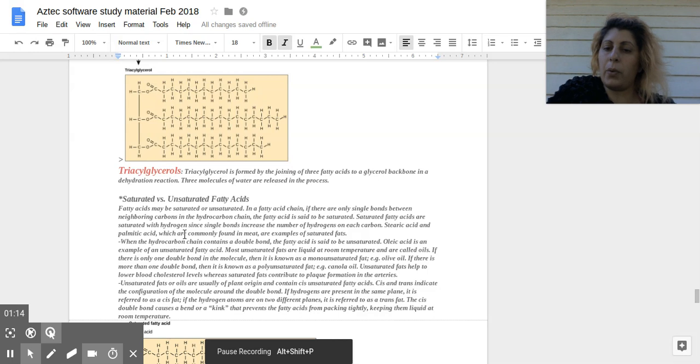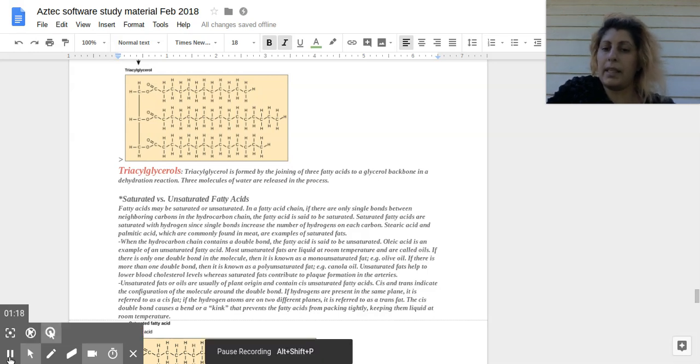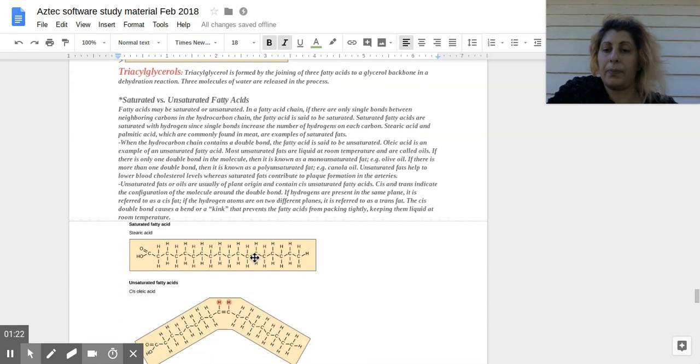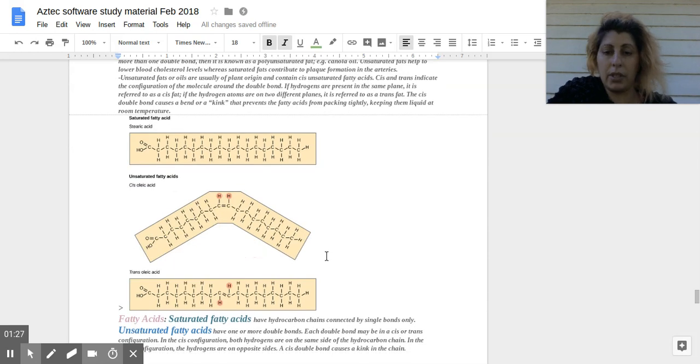Unsaturated fats or oils are usually of plant origin and contain cis unsaturated fatty acids. Cis is when you have a kink in the unsaturated fatty acid molecule. So the double bond has two hydrogens on the same plane.